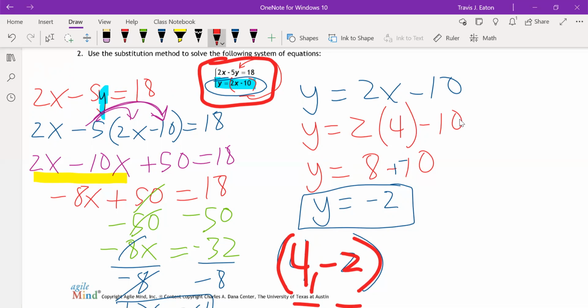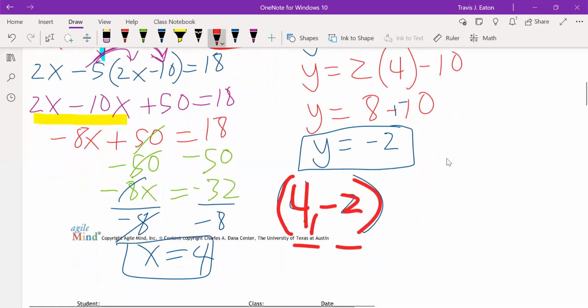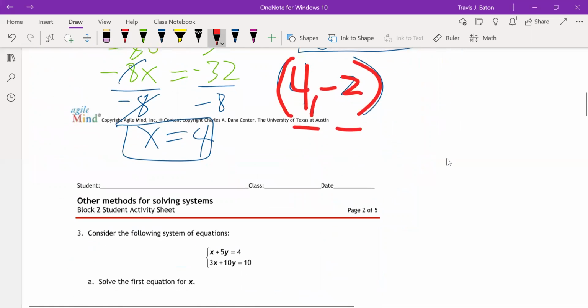For example, 2 times 4 is 8, minus negative 2 times negative 5 is positive 10. So that would be 8 plus 10, that equals 18. So you can see how those will satisfy both of those equations. All right, let's continue on to the next question.